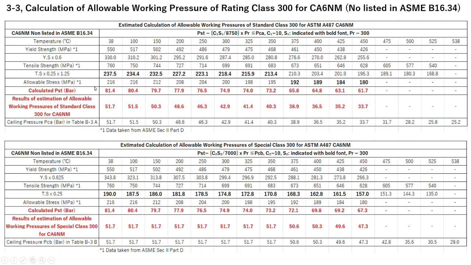So that is the allowable stress value, controlled to assign the S1 here. Section 2 Part D indicates the allowable stress value and also the yield strength and tensile strength value up to 450 degrees Celsius for CA6NM. So in case of the pressure retaining material, we can use it up to 450 degrees Celsius.